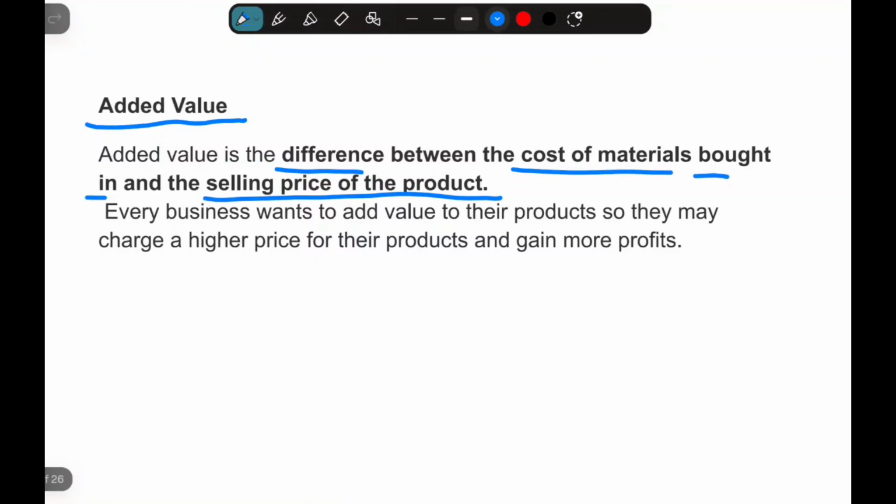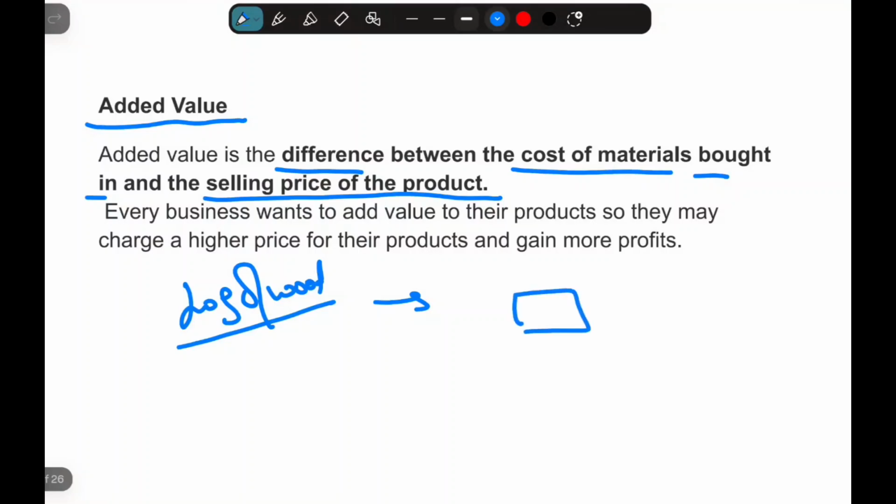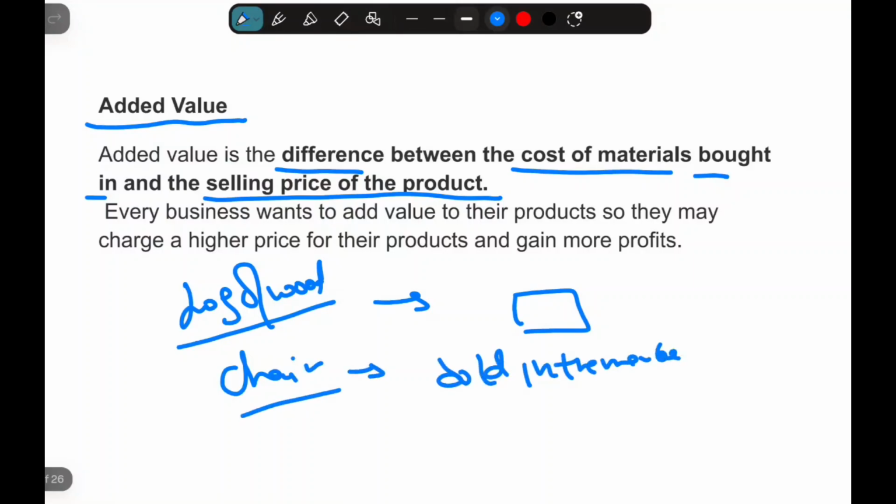Say, for example, there is a log of wood. It is of no use for a person. But if the carpenter uses this log of wood to make a chair, it can be sold in the market, and that too at a higher price.